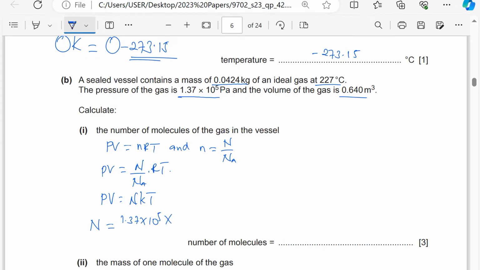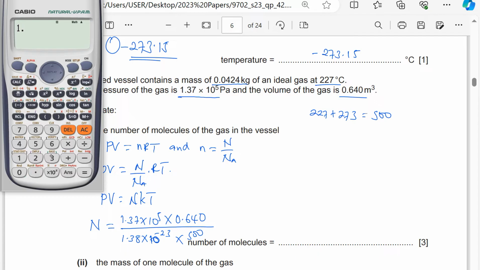The volume is 0.640 divided by k. k is Boltzmann's constant, which is 1.38 times 10 to the power of minus 23. It is given in the list of constants. Then times T. The temperature is 227 plus 273, which is 500. So times 500.